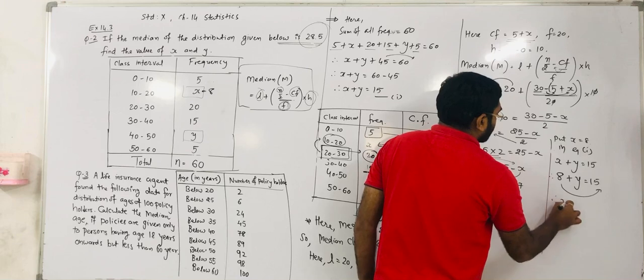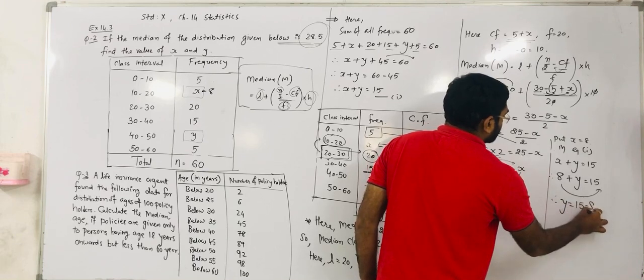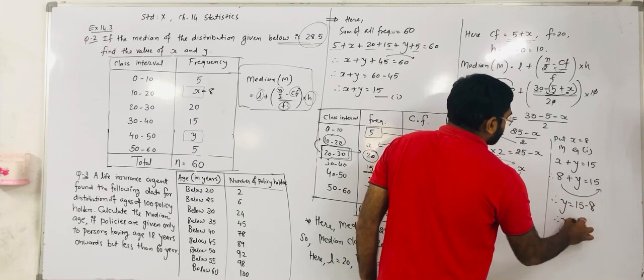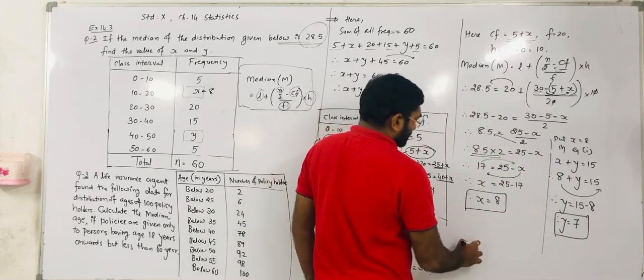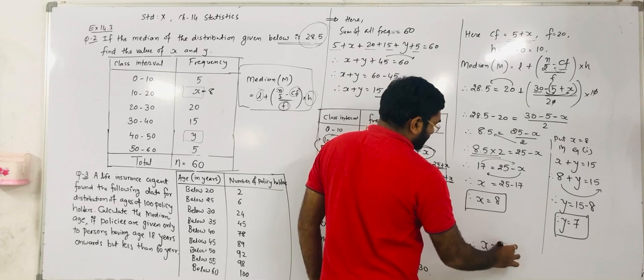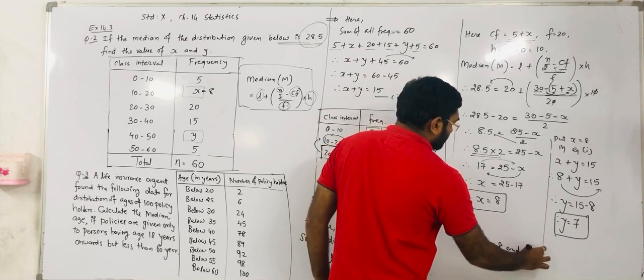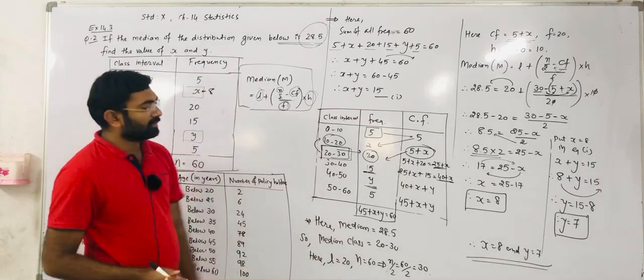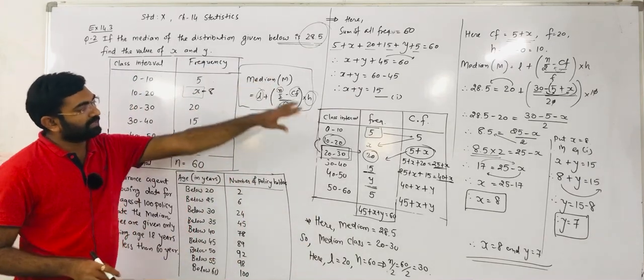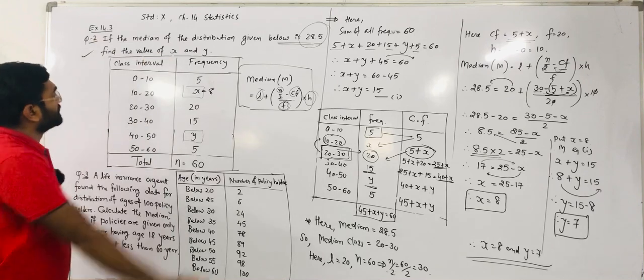Plus 8 goes to the right-hand side and becomes minus 8, so 15 minus 8 gives y equal to 7. So the missing frequencies are x equal to 8 and y equal to 7. This is our answer. Using the median, that is how we find the answer to question number 2.